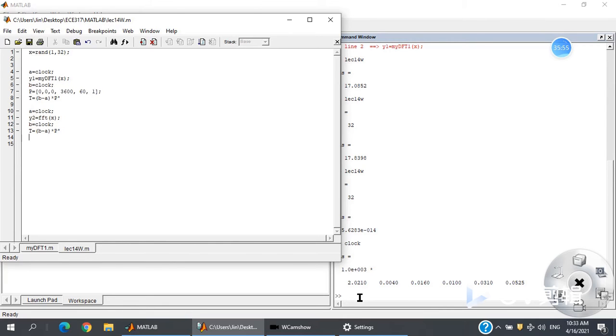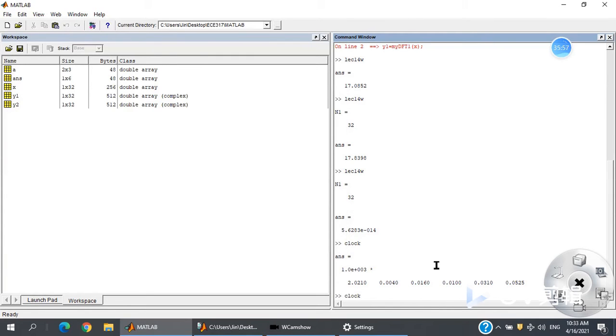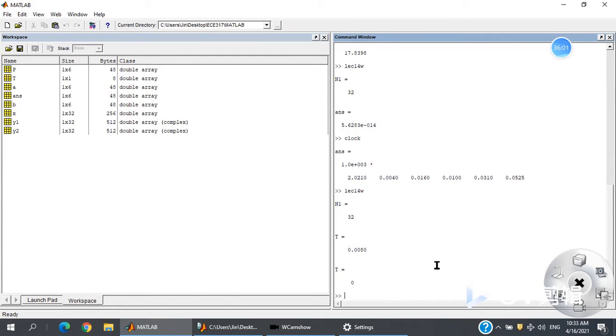Then we can see the calculation, Lec14W. You see, 32 points. Using my DFT, I spend 0.008 seconds. It's a tiny bit, you can measure it's 8, but the second way you calculate the time is still 0.